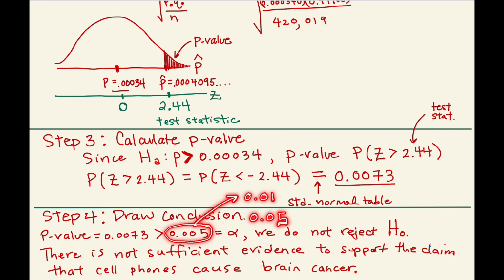In this case, we would have been concluding that there is some concern and there is sufficient evidence to support the claim that cell phones cause brain cancer. However, remember, to avoid making what we'd call a type 1 error, we decided to use a very small significance level in this case because we want to be absolutely sure before we say that cell phones cause brain cancer. So that was the first thing I wanted to point out.